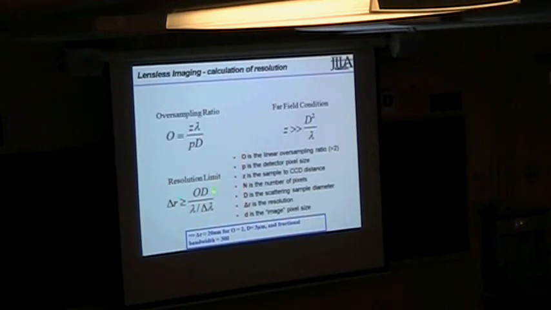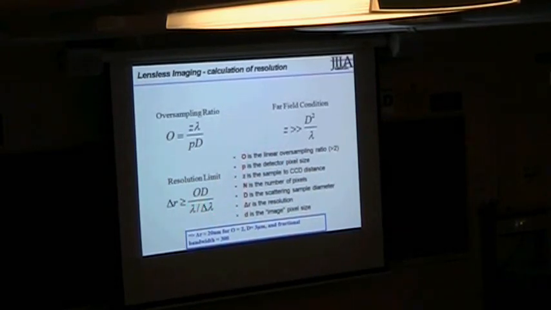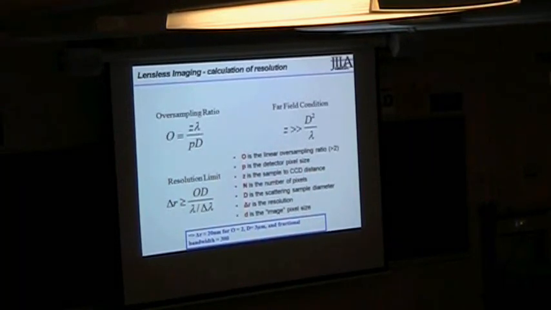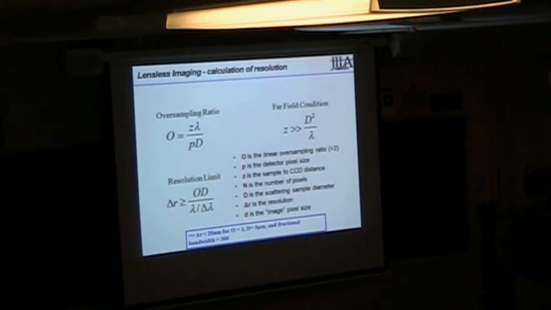There are actually a couple different resolution limits. One is set by the size of the detector, and another is set by the actual bandwidth of the source, which corresponds to how many fringes we can detect. So lambda over delta lambda is the number of fringes that we can detect in the intensity pattern.